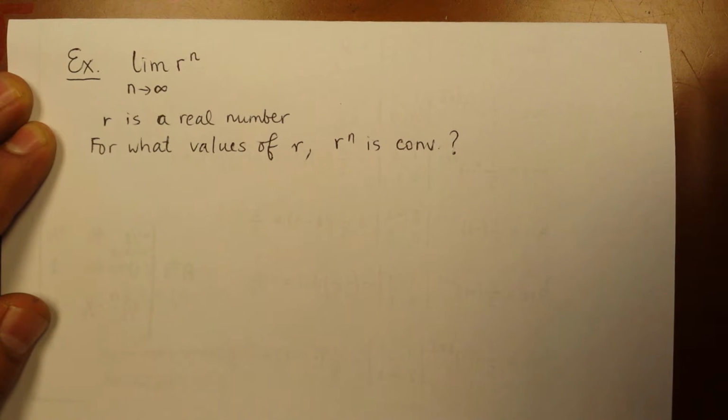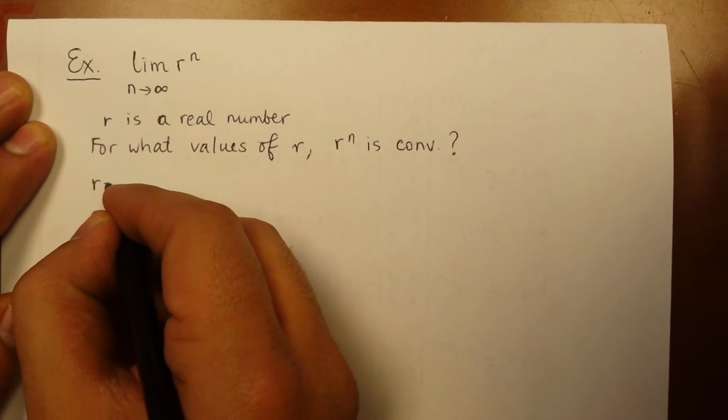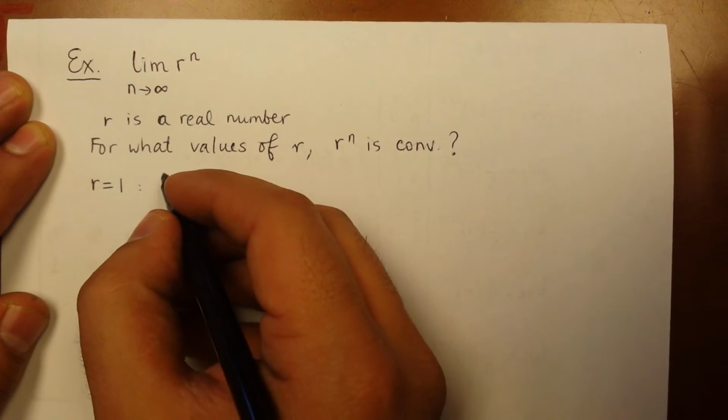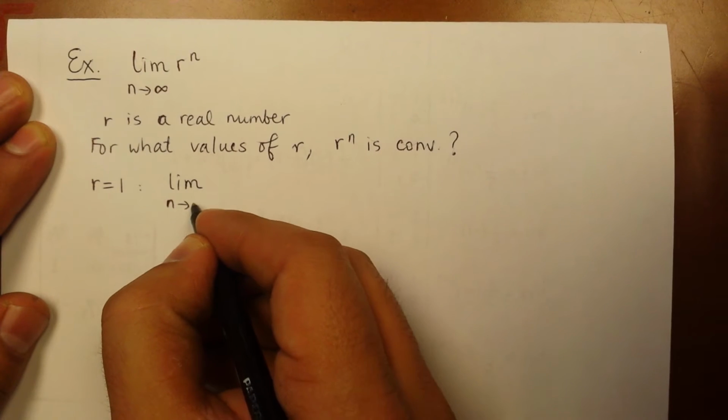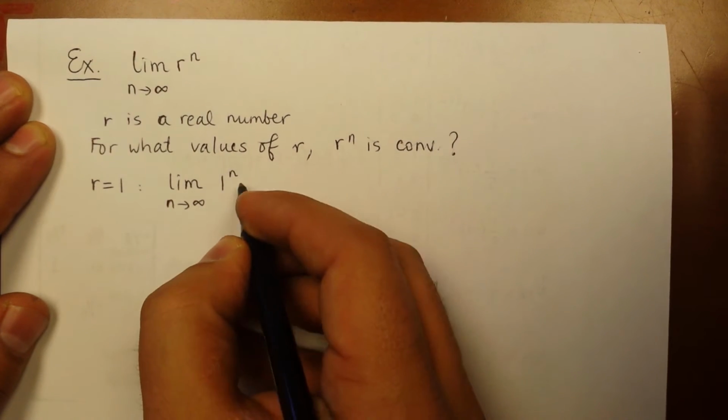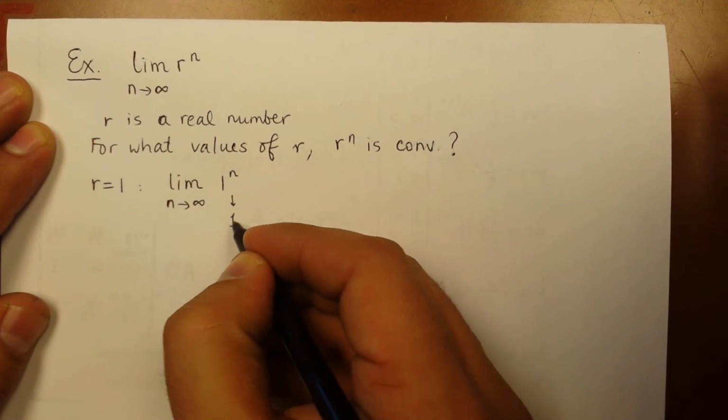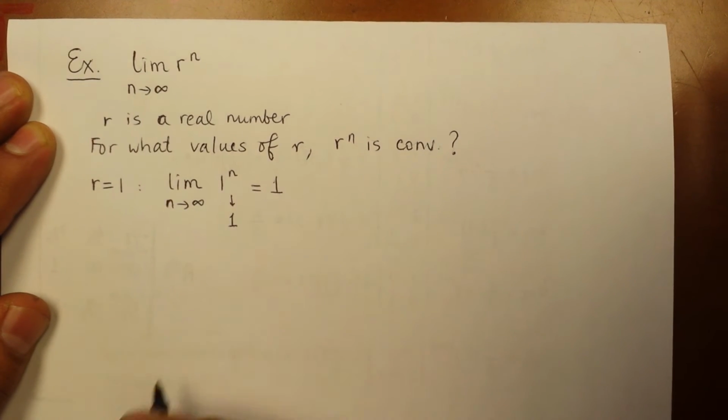That's really the question, and we can go for certain cases. If, for example, r equals 1, then the limit as n goes to infinity of 1 to the n is just 1, so the answer will be simply 1.